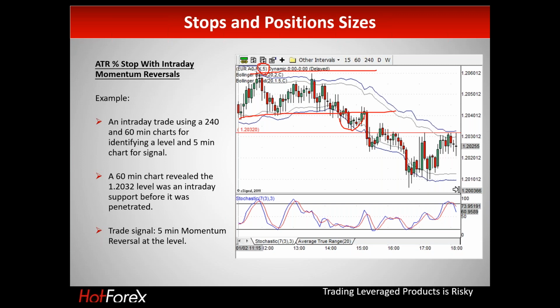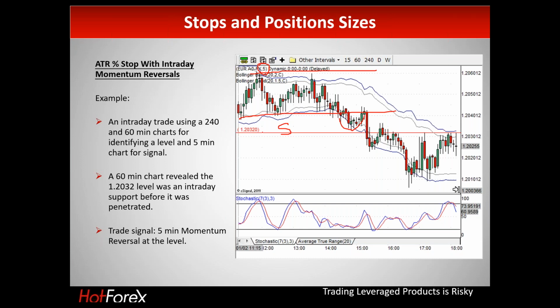So that was an immediate support level based on the 1-hour and 4-hour charts. If you find intraday support and resistance levels, you need to put your trend lines on so you can have them drawn. Let's assume that was the intraday support based on the 1-hour and 4-hour analysis.